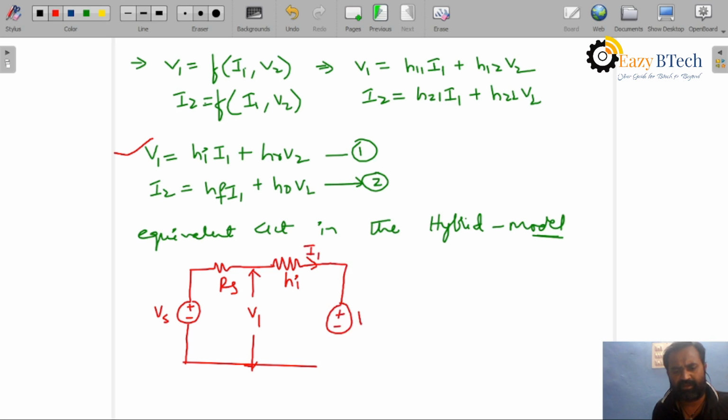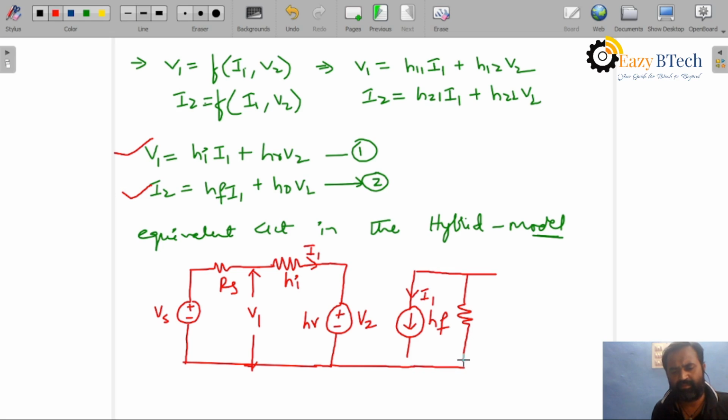On the output side, the current source I2 is equal to Hf I1, with Ho, the output voltage V2 and the load resistance RL.